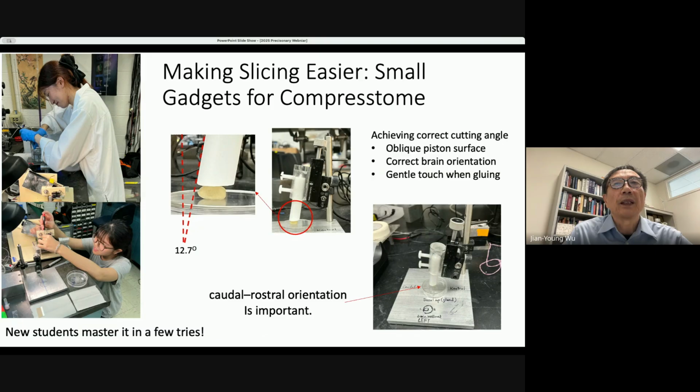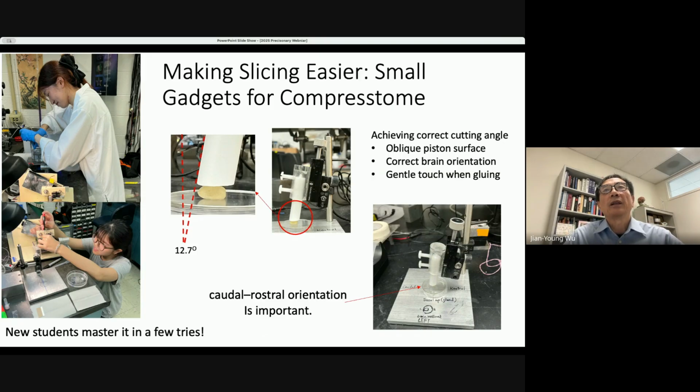Then we put a brain onto a petri dish, and on the petri dish you can rotate and move the location of the tissue and also the rostral caudal angle of the tissue, to orient it correctly with the oblique cutting angle of 12.7 degrees, the rostral high angle.